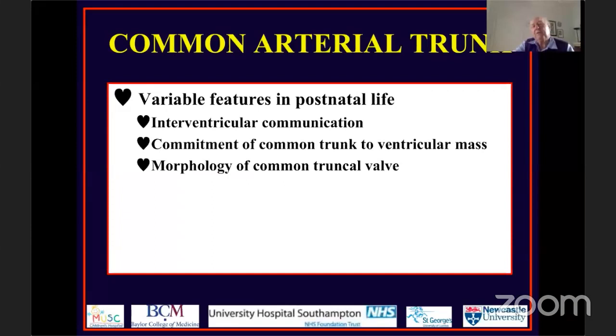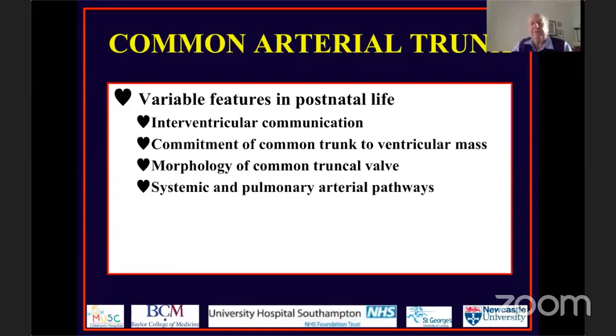I'll discuss with you the variations that we find in the arrangement of the truncal valve, and then I'll concentrate on perhaps what's the commonest way of describing the phenotypic variation we find in the setting of common arterial trunk, the arrangement of the systemic and the pulmonary arterial pathways.